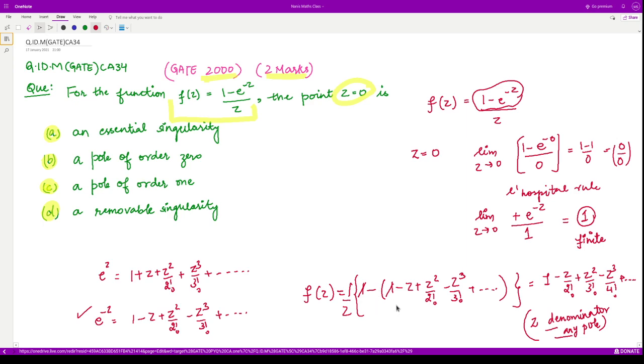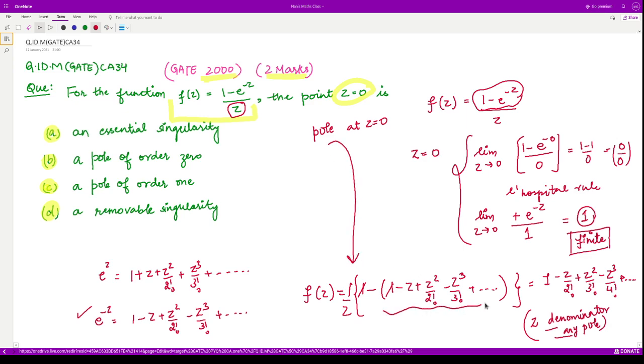This we have seen by expanding this term e to the power minus z, whereas when you took the limit of this function, it comes to be a finite number. So in this case we conclude that this z which is present in the denominator behaves as if it would have a pole at the point z is equal to 0, whereas when you expand this function into the series form, you do not see any pole within this expression.